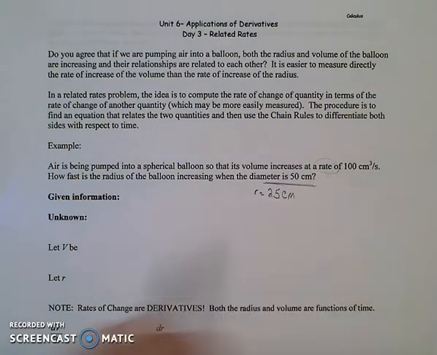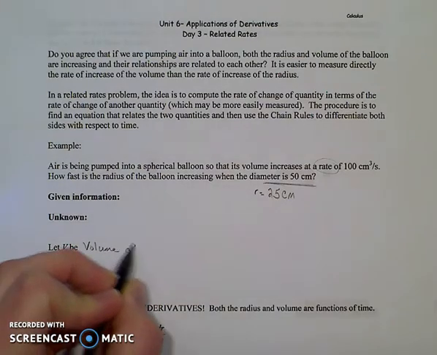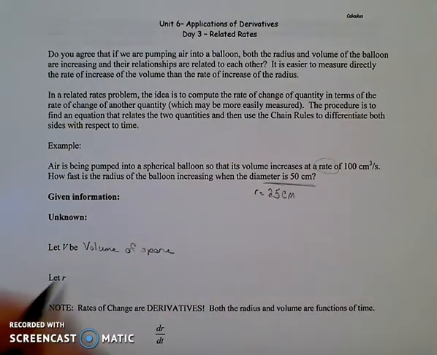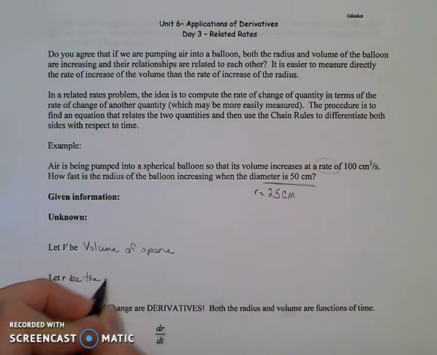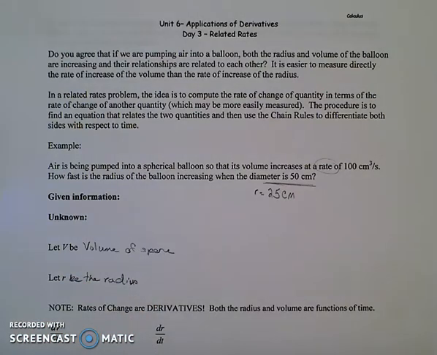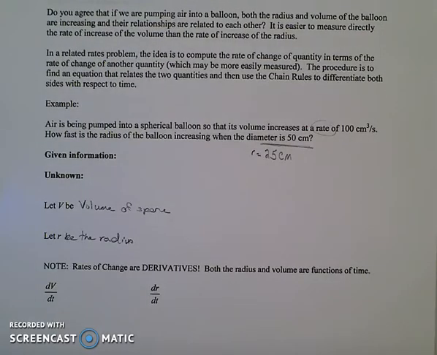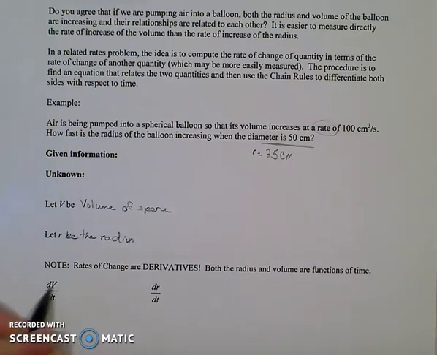Air is being pumped into the spherical balloon, and the volume increases at a rate. This is a derivative. So we're going to let V be the volume of a sphere, and we're going to let r be the radius. That makes sense, right? And if we look here, the rates of change are the derivatives, as we said. And so dV/dt is the rate at which the volume is changing with respect to time.